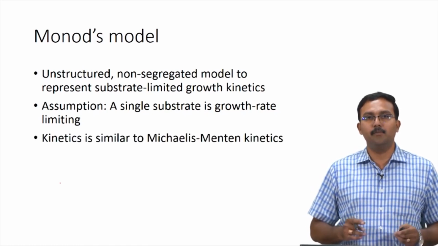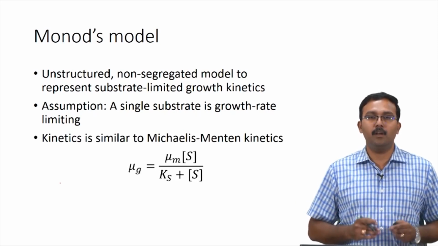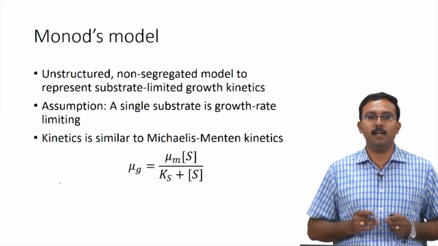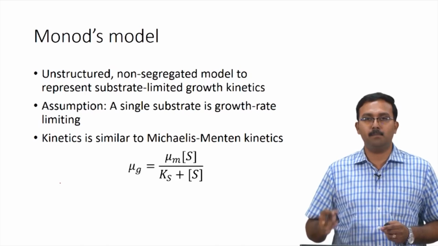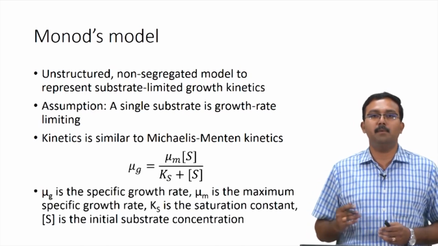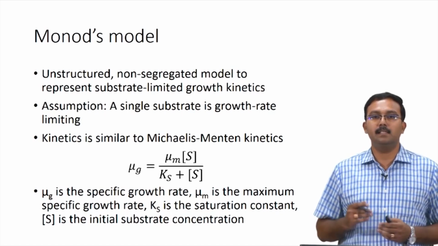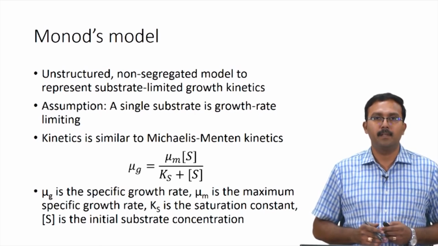The kinetics itself is similar to the Michaelis-Menten kinetics, and the equation for the gross specific growth rate mu g is given as mu m times S divided by Ks plus S, where mu g is the specific growth rate, mu m is the maximum specific growth rate, Ks is the saturation constant, and S is the initial substrate concentration.